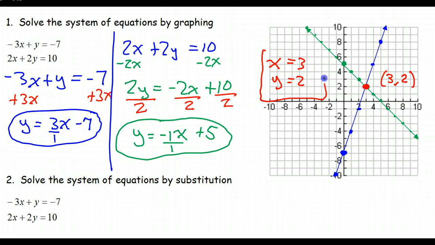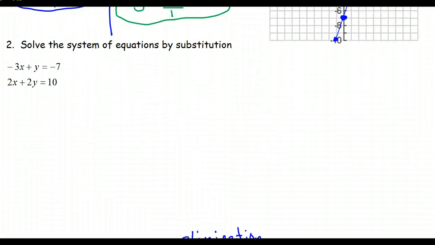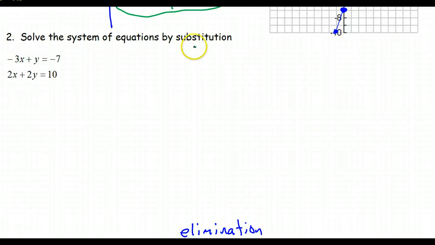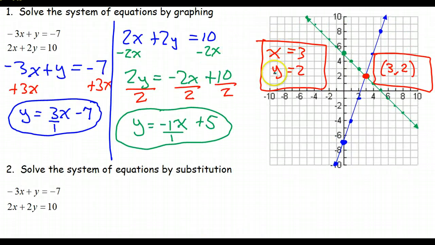Another way of saying the same thing. Alright, so that is how you would solve a system by graphing. Now, notice that number 2 is actually the same problem. We're just using another method, substitution. So here's how substitution works, but we should get the same answer. X equals 3, y equals 2, 3 comma 2.